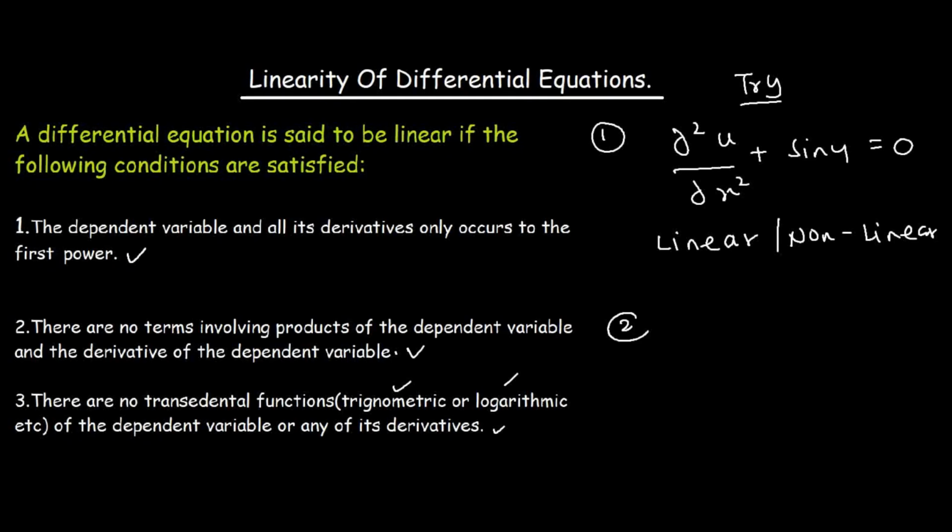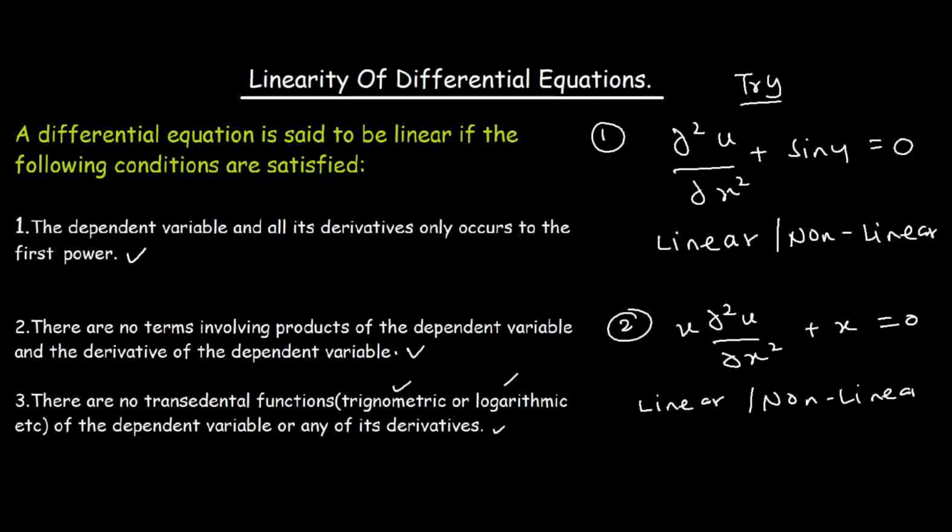For the second question, I have u multiplying the second partial derivative of u with respect to x plus x equals 0. Is this also a linear or nonlinear differential equation? Let's try our hands on these two questions.